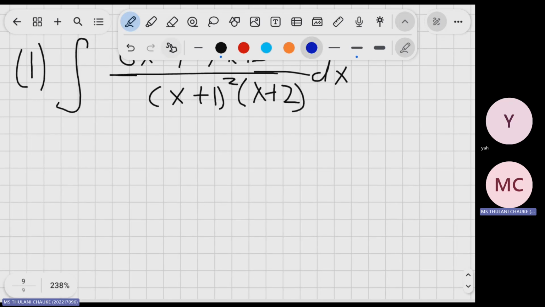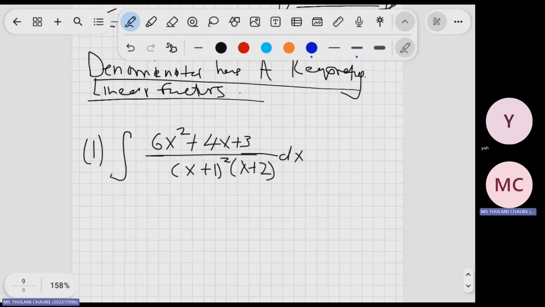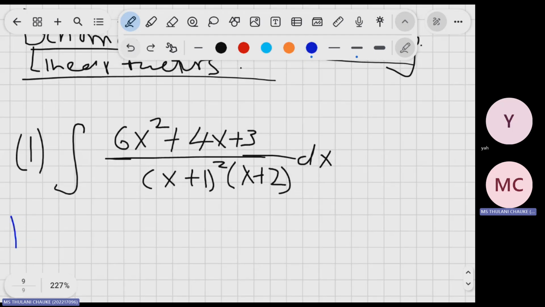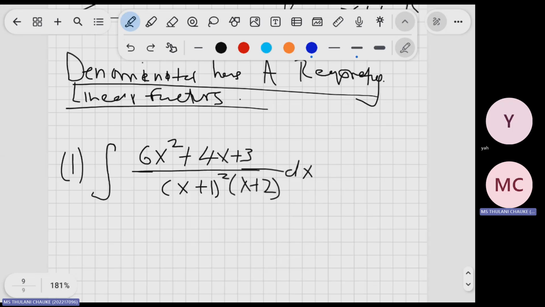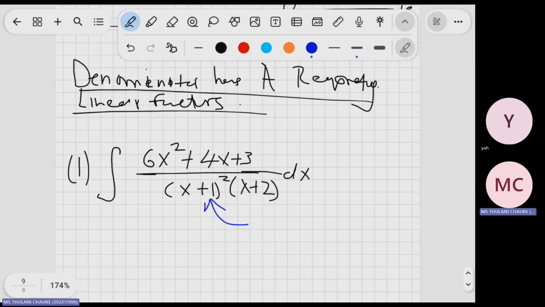But I can see if you guys are studying. And then let me now write. This one is when your denominator has got the repeating linear factors.